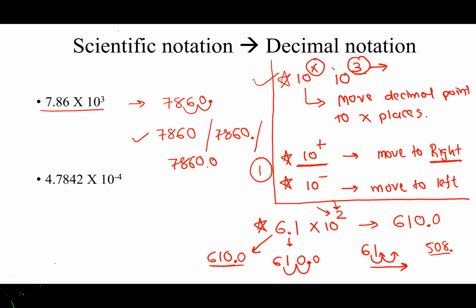We are going to talk about significant figures later on in this session. When we talk about that, I'm going to explain that this should be the correct presentation if we have to apply the significant figure rule. Sometimes in the exam, your lecture professor or lab professor likes to ask you to convert this scientific notation into decimal notation and make sure that it has the same number of significant figures.